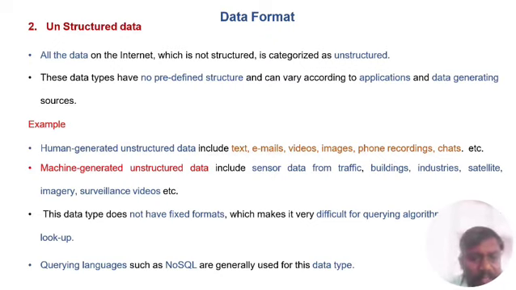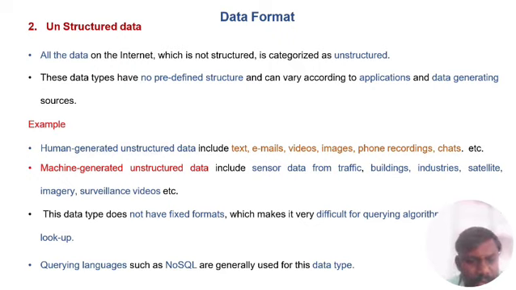Now the unstructured data. Unstructured data have no predefined structure. It can vary according to the application and data generating sources. Human generated unstructured data includes text, emails, videos, images, phone records, chats, etc. Machine generated unstructured data includes sensor data from traffic, buildings, industries, satellites, imagery, and surveillance videos.